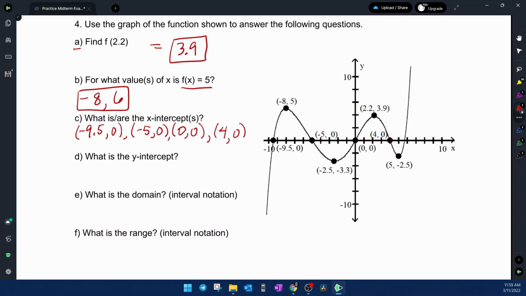Next, what is the y-intercept? Where does the graph intersect the y-axis? At the origin. And again, we need to record that as an ordered pair.